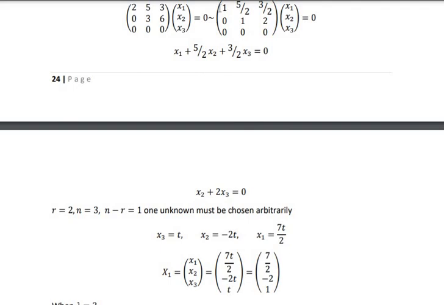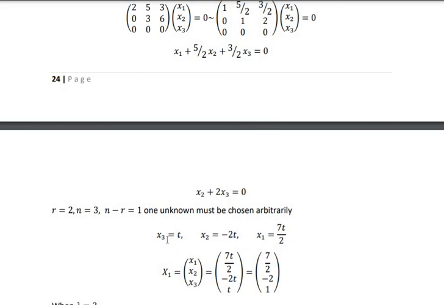So we can find the rank: rank r is equal to 2 and n is equal to 3, therefore n minus r is equal to 1. So we can take one variable arbitrarily. Here you take x3 equal to t, therefore x2, you get it from this equation, x2 is equal to minus 2t.